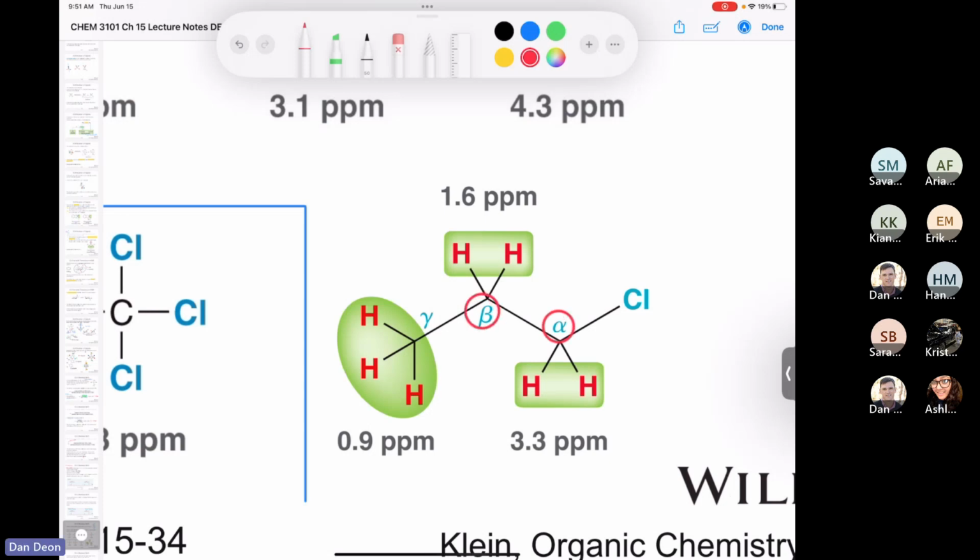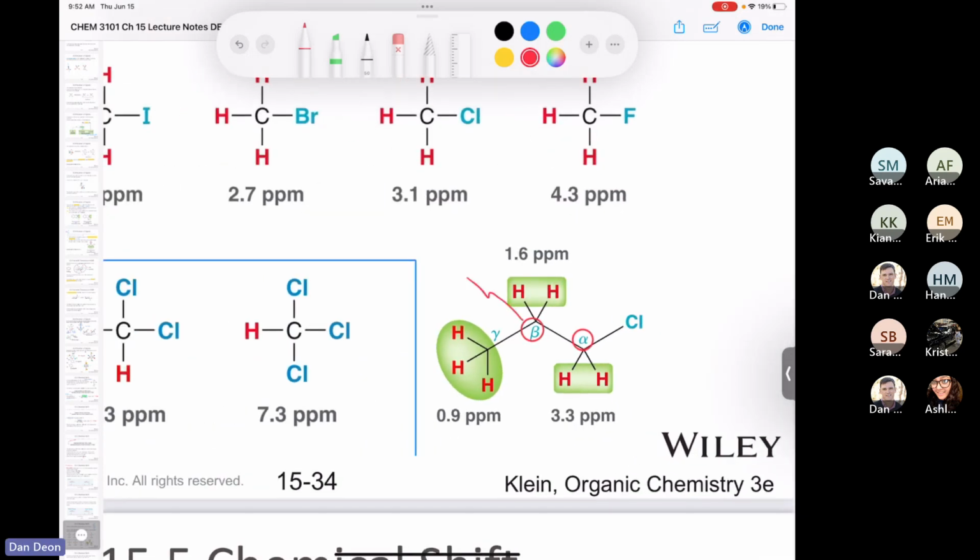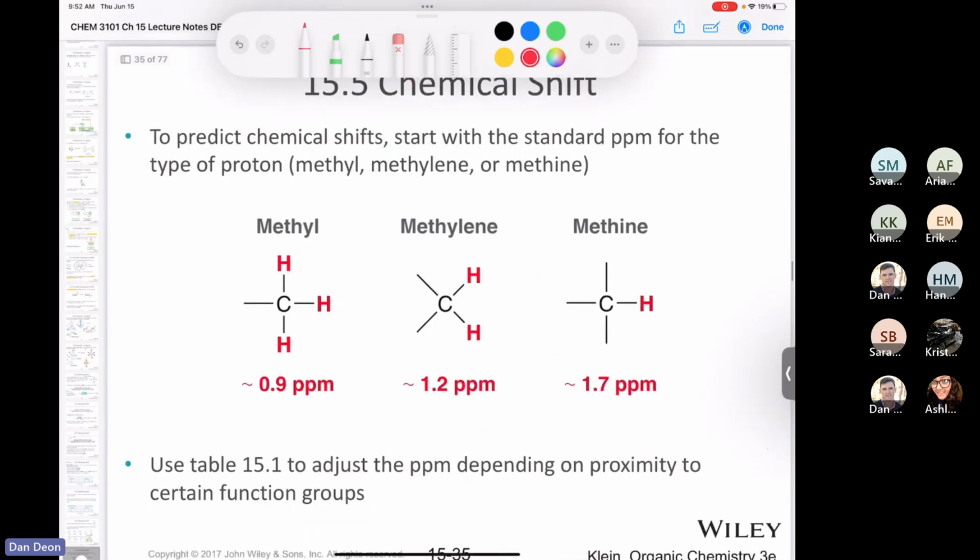You do not see any effect on the gamma carbon. So we only see this de-shielding effect on alpha and beta protons. All right, and for beta protons, it's about one-fifth the effect of alpha protons. And I'll show you a table that will help clear that up in just a second here.